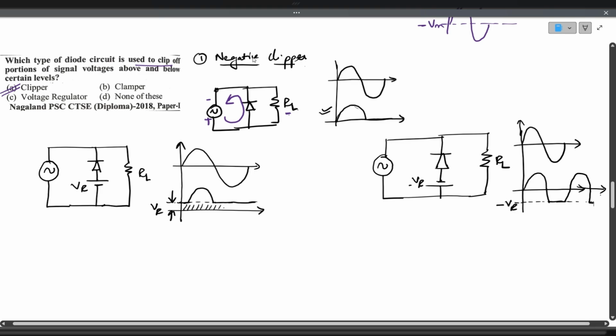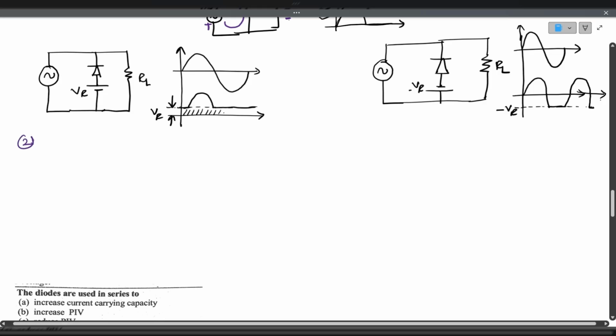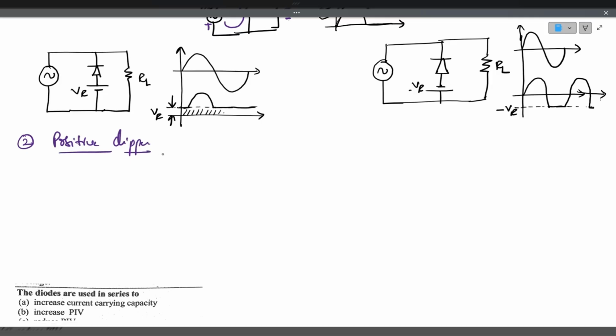Similarly, we'll see the positive clipper also. The diagram for the positive clipper will be like this. This is the input voltage. The diode is facing downwards, and there is a resistor.